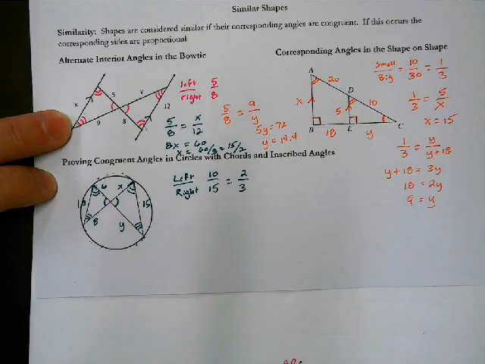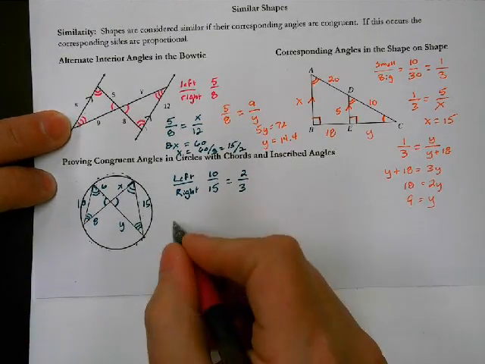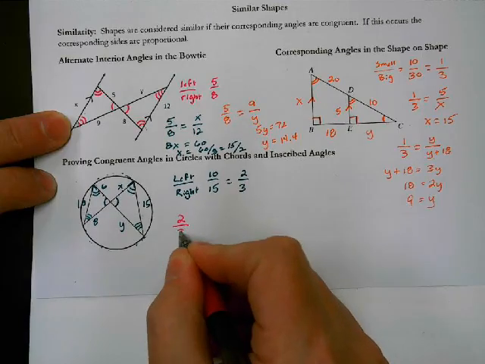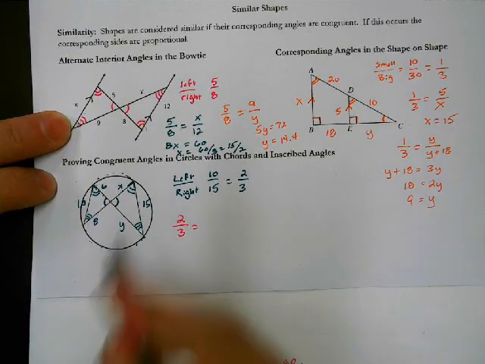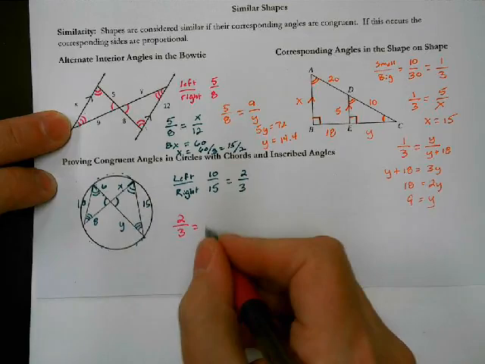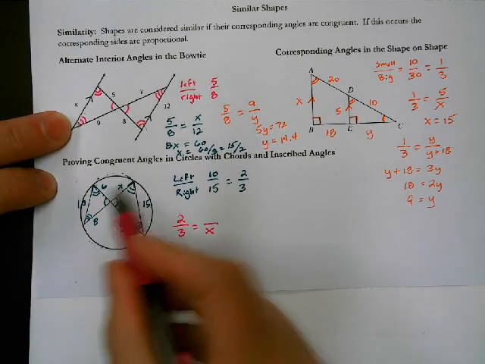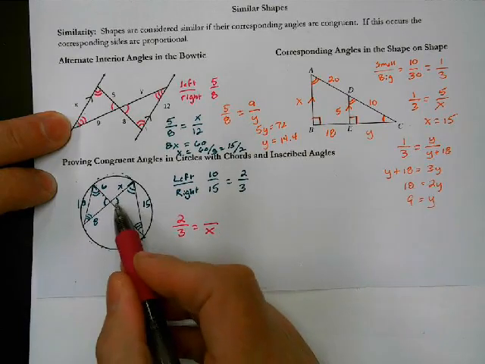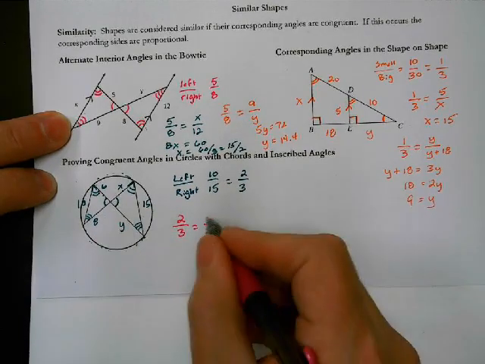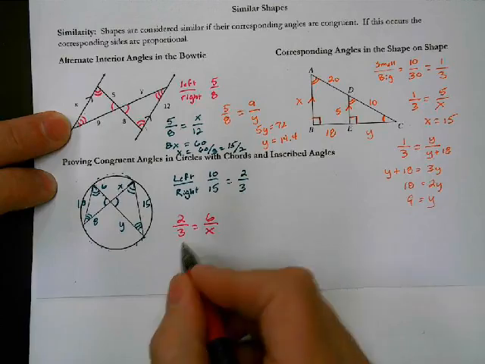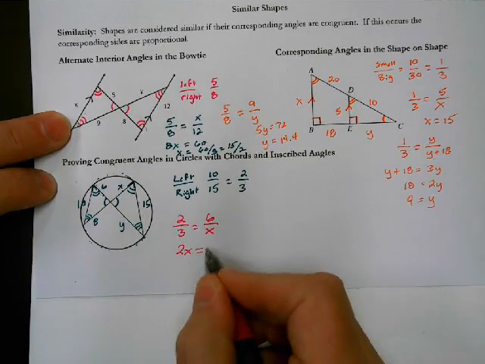Now if I want to solve for, let's say, x, I would start with 2/3, which is a scale factor. X is from the right side, so I'd put x in the denominator. And x corresponds to 6 because they're both between 1 angle mark and 2 angle marks. Cross products, 2 times x is 2x, 3 times 6 is 18. Divide by 2, x is 9.